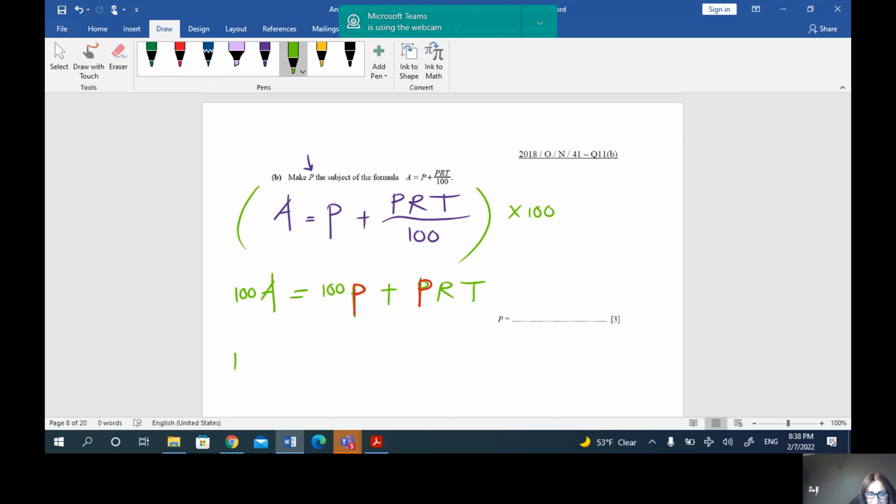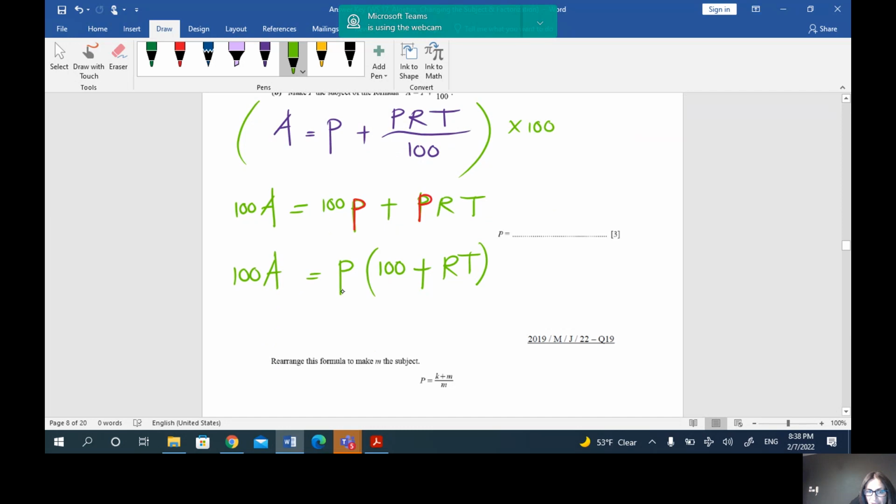Accordingly, we must factorize P. So P will come out, open a bracket. What is left here? 100 plus RT. How do we check? You can always expand. P times 100 is 100P. P times RT is PRT.